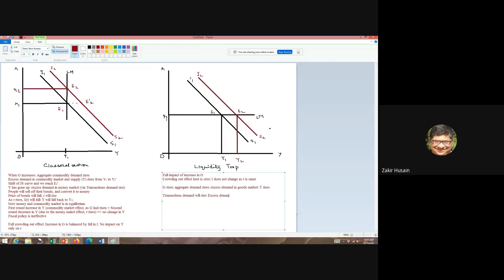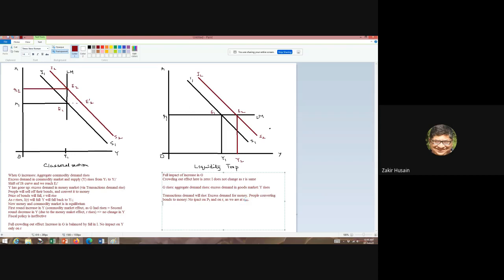So you have excess demand for money. People start converting bonds to money. But since we are at a liquidity trap, there is no impact on price of bonds and on rate of interest, as we are at R equal to R min.